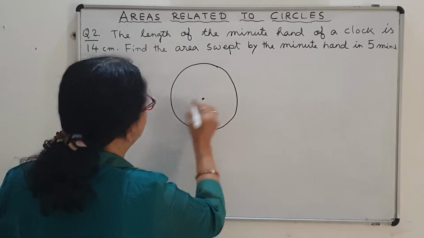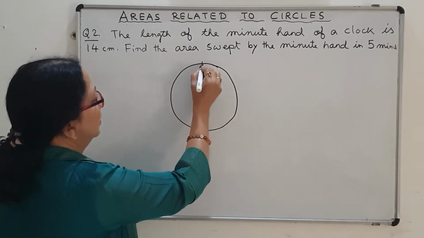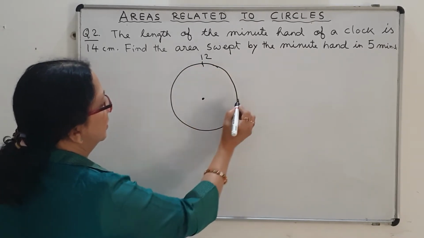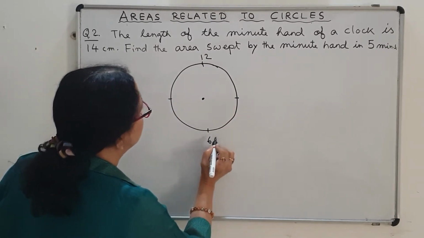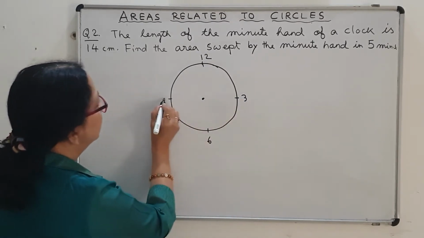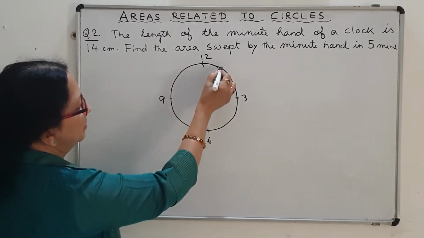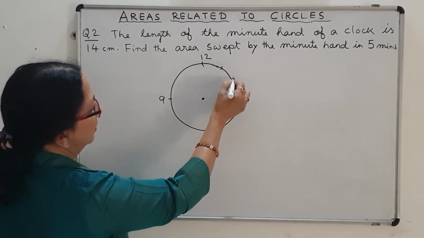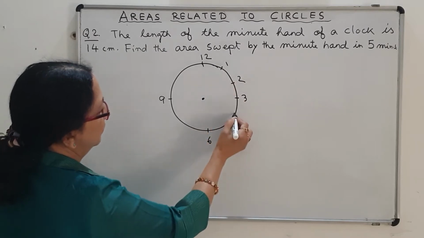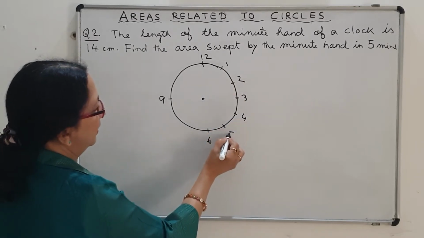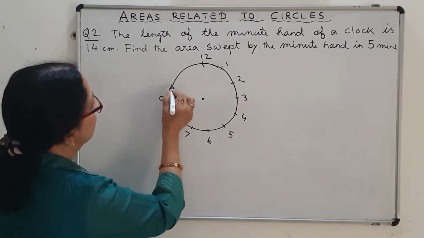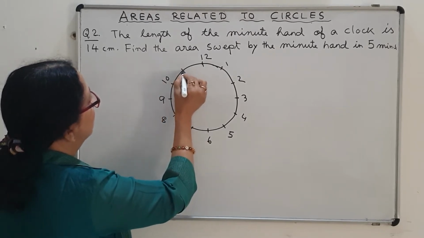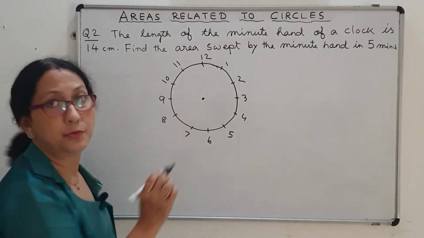As you know, there are 12 divisions. Here it is 6, it is 3, and here it is 9. In between, 1, 2, 4, 5, 7, 8, 10, 11, this you know.